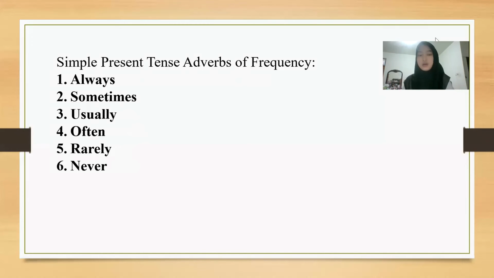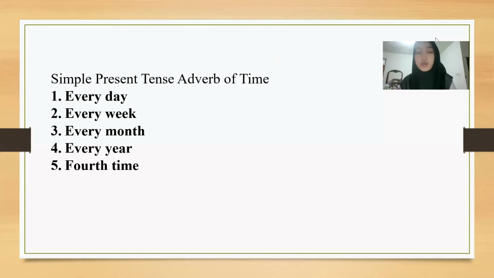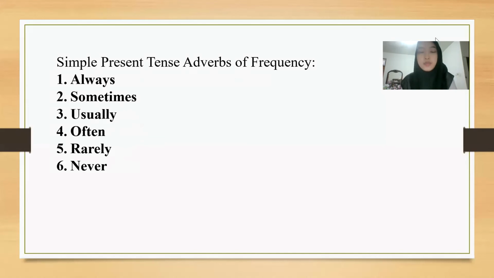So for other examples, you can make your own sentences by using these adverbs of time like every day, every week, every month, every year, and for time. And then by using adverbs of frequency like always, sometimes, usually, often, rarely, and never.